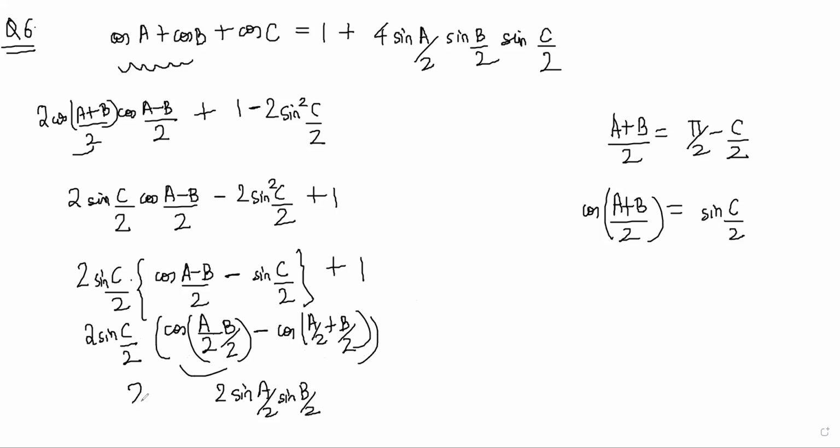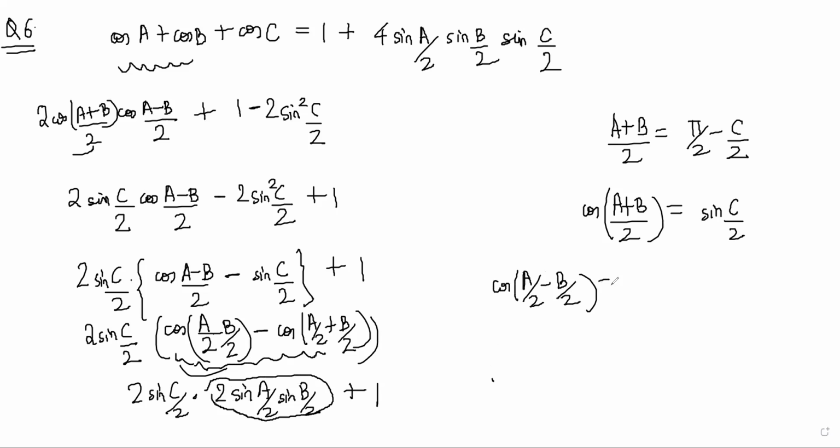Are you understanding what I'm saying when I'm saying cos cos plus sin sin? I'm saying inside the bracket, what happens? How does it become 2 sin A by 2 sin B by 2? I'm saying cos of A by 2 minus B by 2 expansion is cos cos plus sin sin.